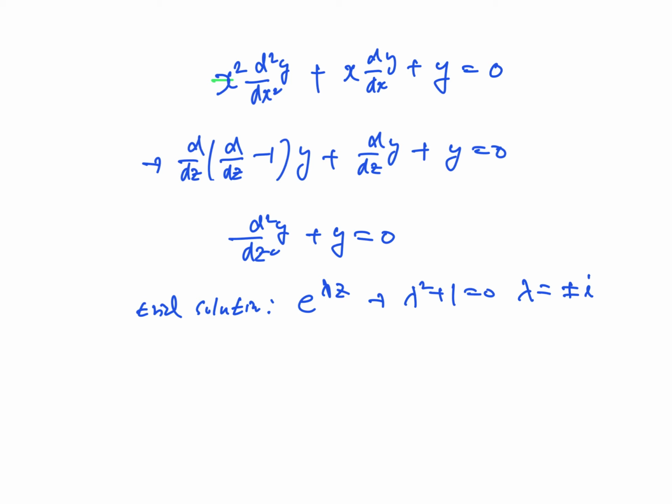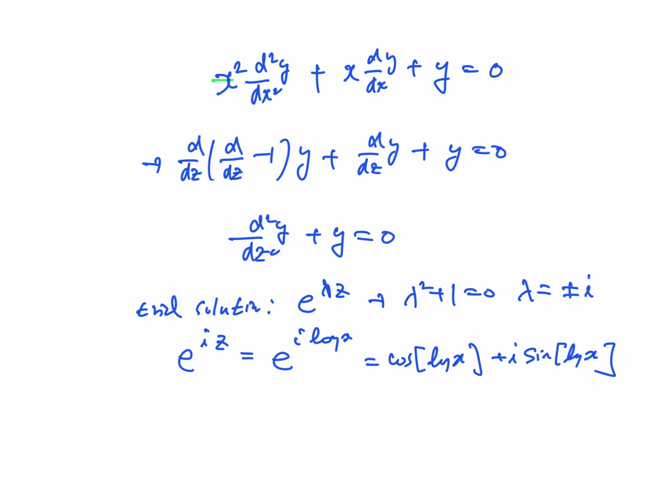So, a very interesting case. We have exponential i z, that is exponential i log x. So this is cosine log x plus i sine log x.